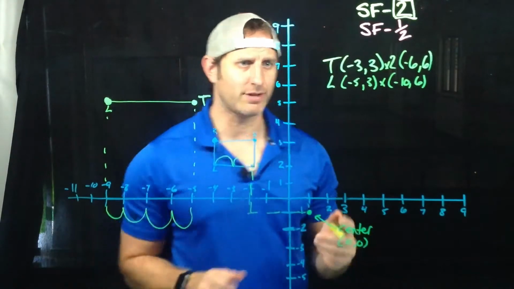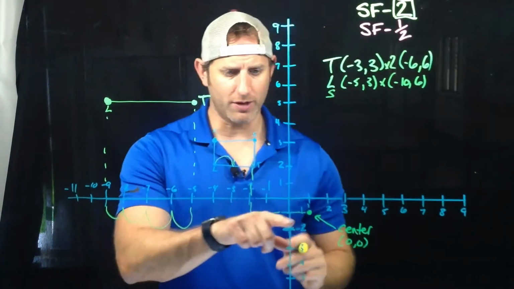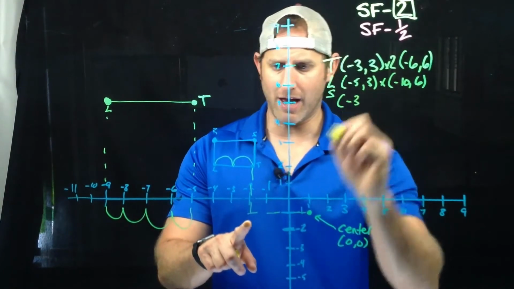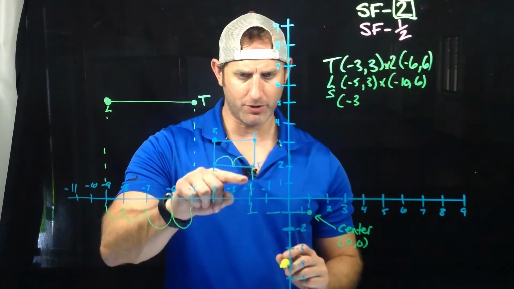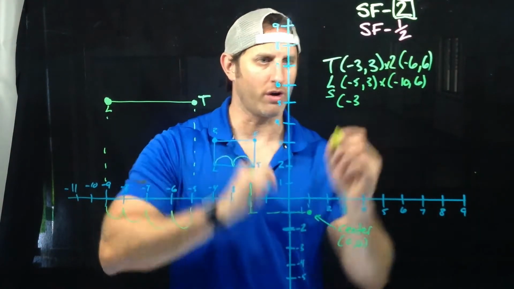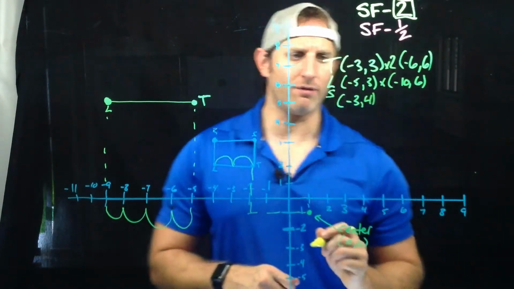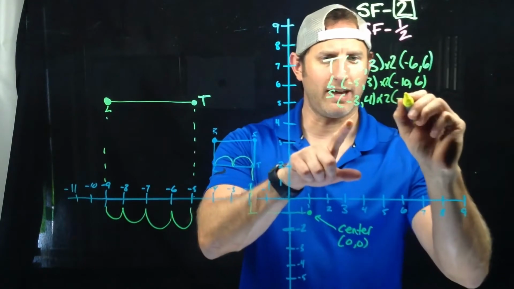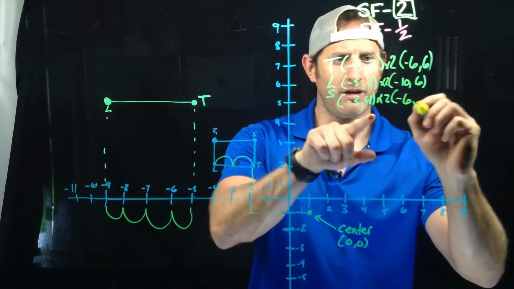So let's do S. S right here is going to be over negative 3, over negative 3, and then it's going up 1, up 2, up 3, up 4. So negative 3 and 4, times it by 2, and we end up with negative 6, comma 8.